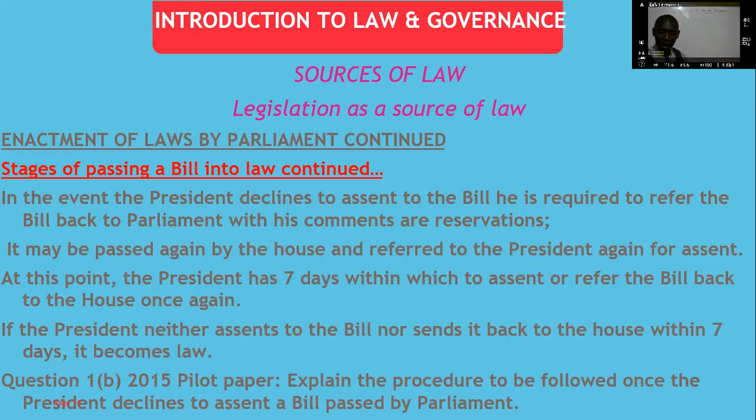Upon being passed as a part of the third reading, the Speaker of the House is required to refer the bill to the President for presidential assent. Having received the bill, the President has a choice to either sign the bill into law or decline and refer the bill back to Parliament with his comments, recommendations, or reservations.